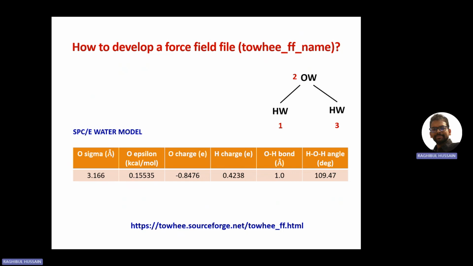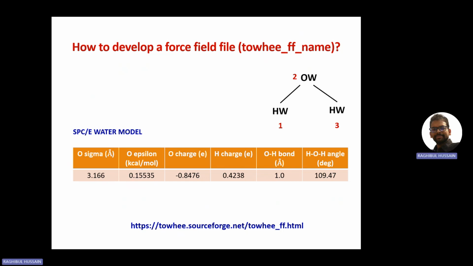Sigma and epsilon. So I have constructed one graph. This base is basically sigma, and this is epsilon. So we need sigma and epsilon, and units are important. All the units are important.